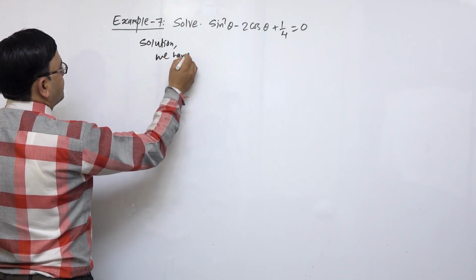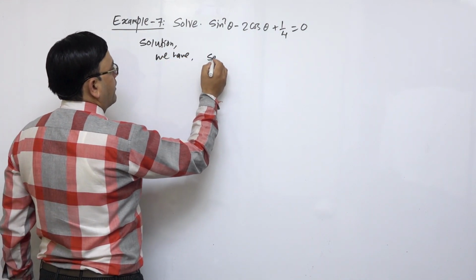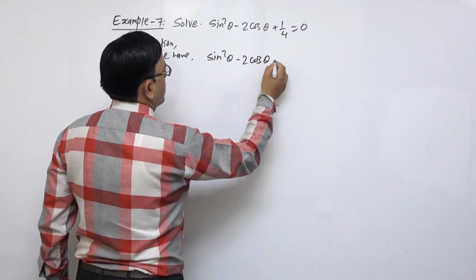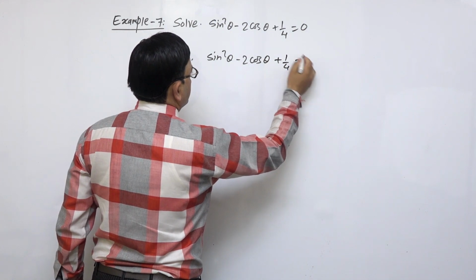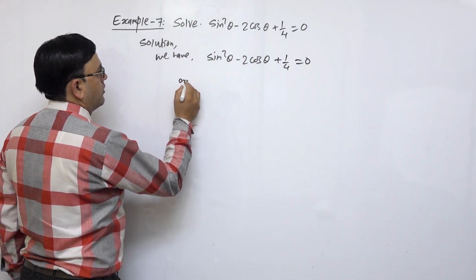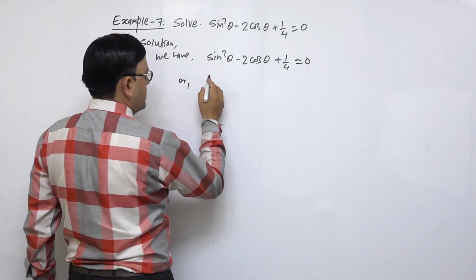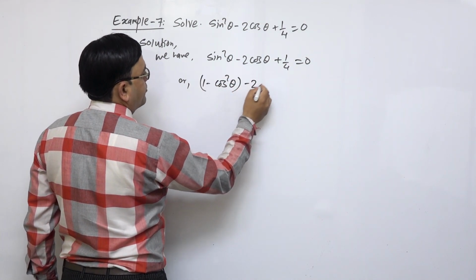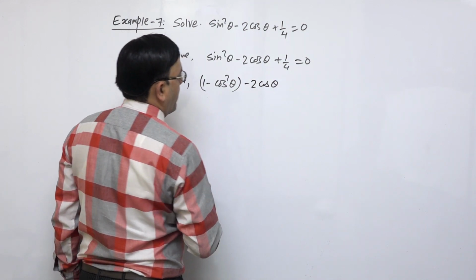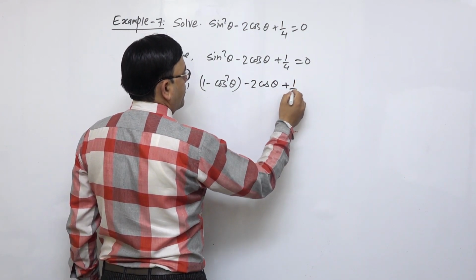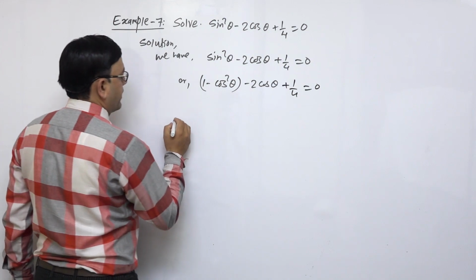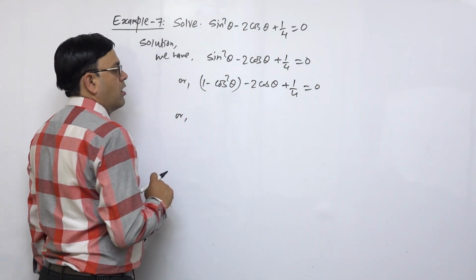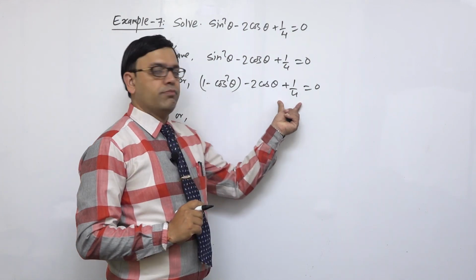We have here sine square theta minus 2 cos theta plus 1 by 4 is equal to 0. Or sine square theta we can write as 1 minus cos square theta, minus 2 cos theta plus 1 by 4 is equal to 0. Now we take the LCM because we have to remove the denominator.